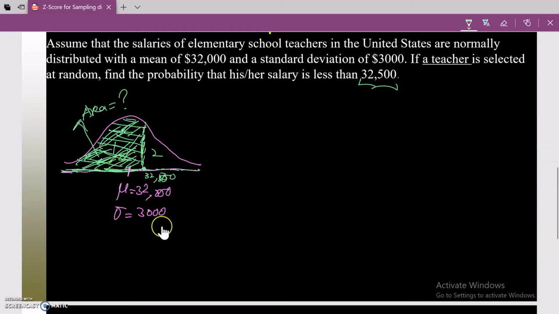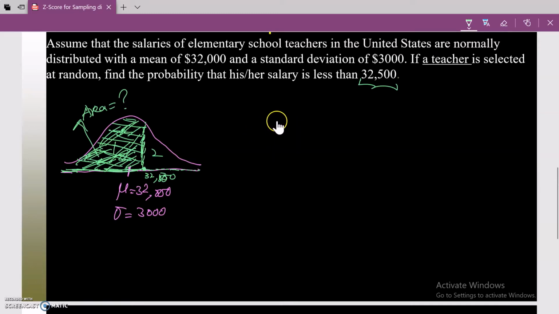Why? Because this is a non-standard normal curve. This has to be converted to a standard normal curve in order for us to use the normal distribution table. So what I'm going to do now is first convert this non-standard normal distribution into a standard normal one.